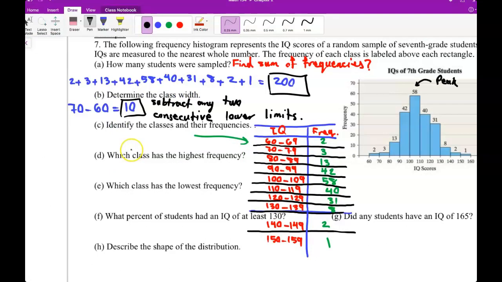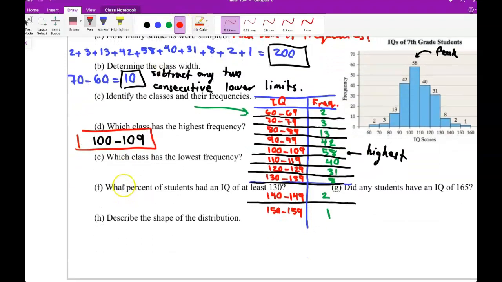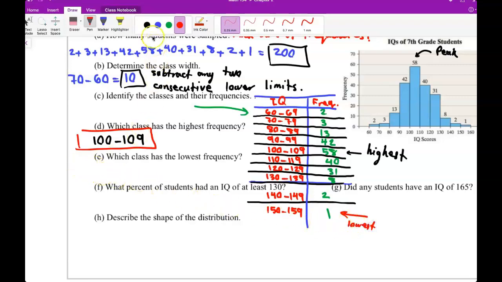And since it's asking which class, our class is 100 to 109, which is this one. So that's the answer for this part. Part E, which class has the lowest frequency? Lowest frequency is this one here. That is 150, 159.